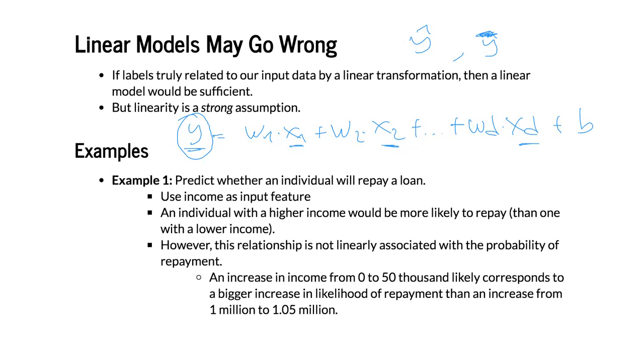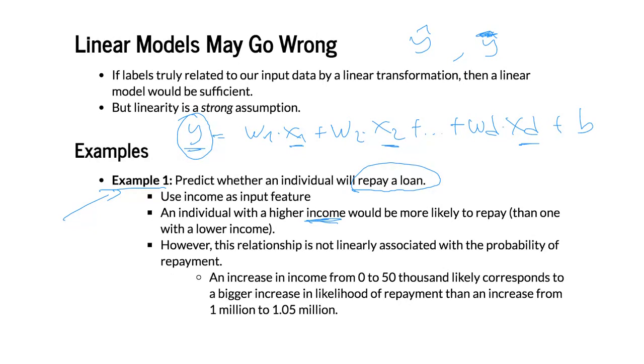Here we can see a very simple example. The probability of loan repayment is not linearly related with income. What does it mean in practice?